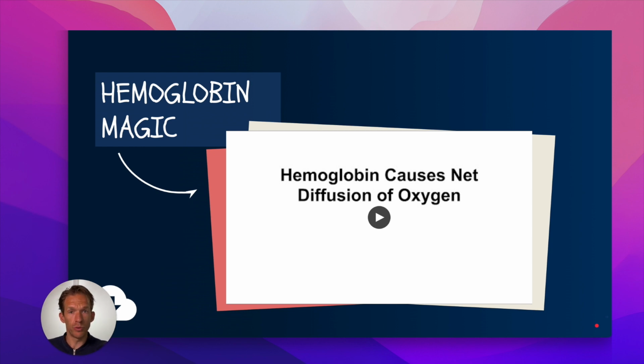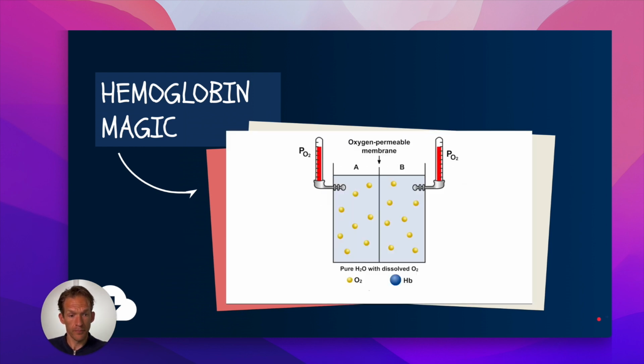So PO2 is really essential, but for the total capacity, hemoglobin is essential.